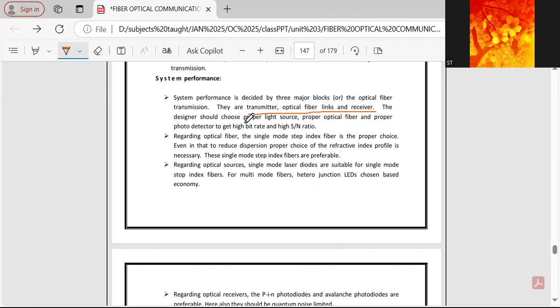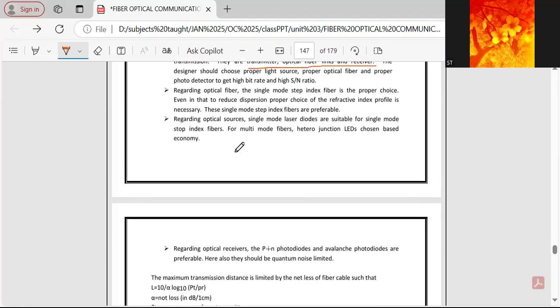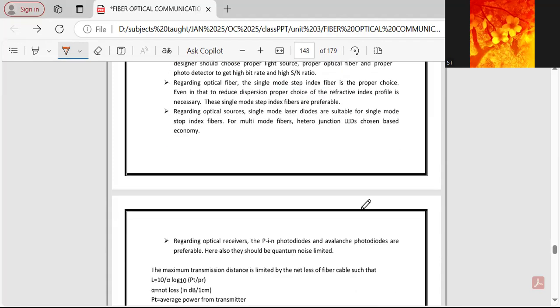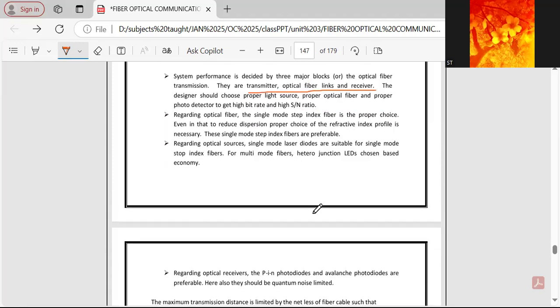So we have to focus on these three parameters. In the transmitter end, there are optical sources, then optical fiber links, digital or analog link, and in the receiver, there are pin diode or avalanche diode. So we have to decide all these parameters, all the losses related to these components.